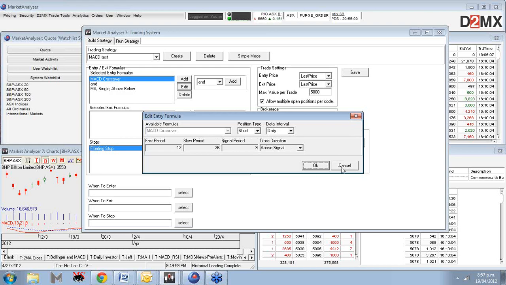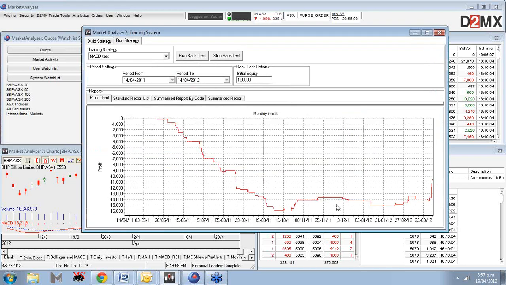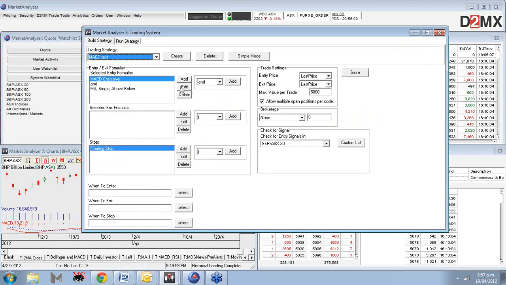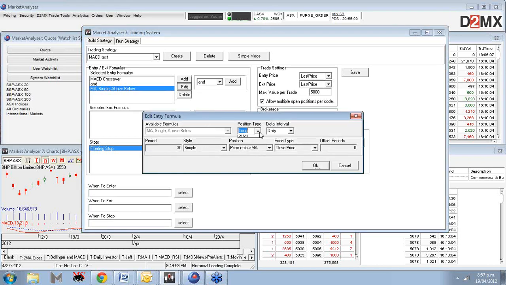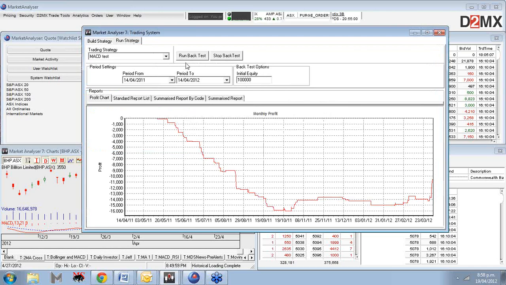If you're going short when the market's below a moving average, the strategy actually gives worse results than going short when the market's above. So again, turning it around, and instead of being below, we could edit that and have a look at if the price is above a moving average, and save that and run that back test.